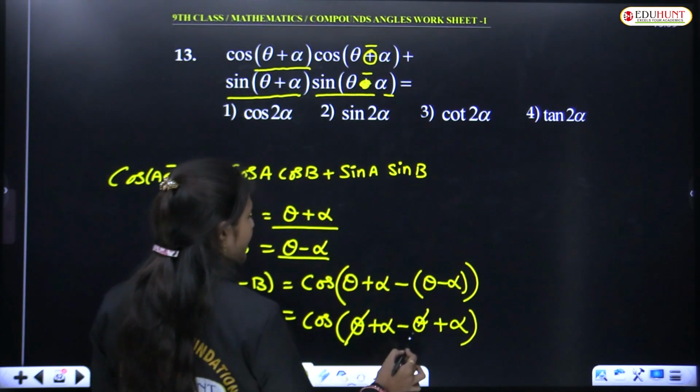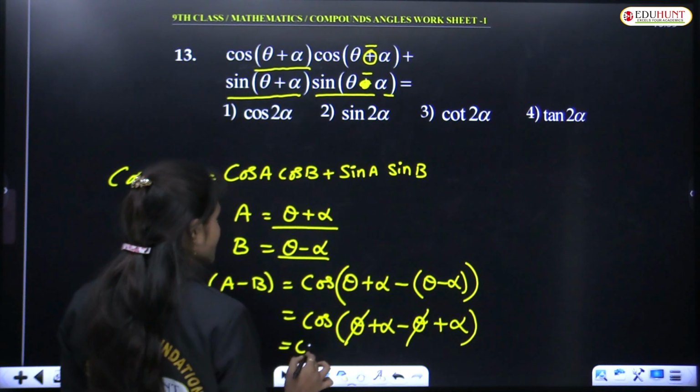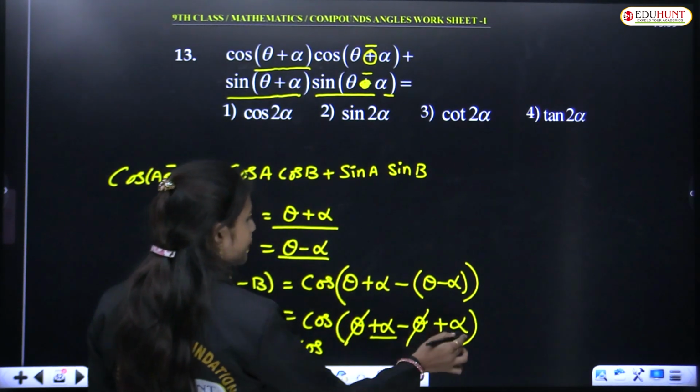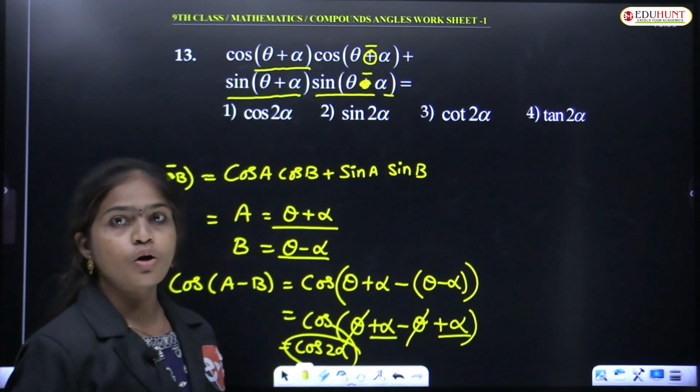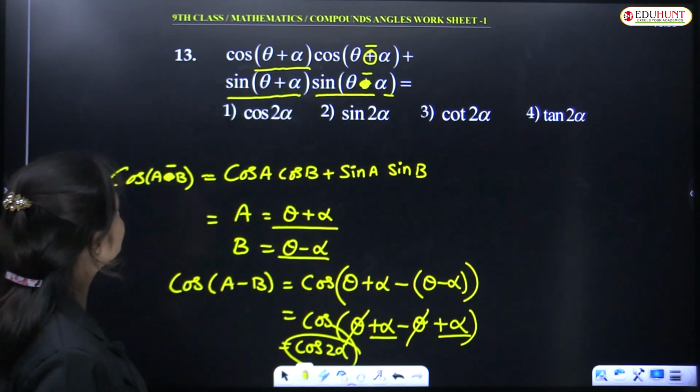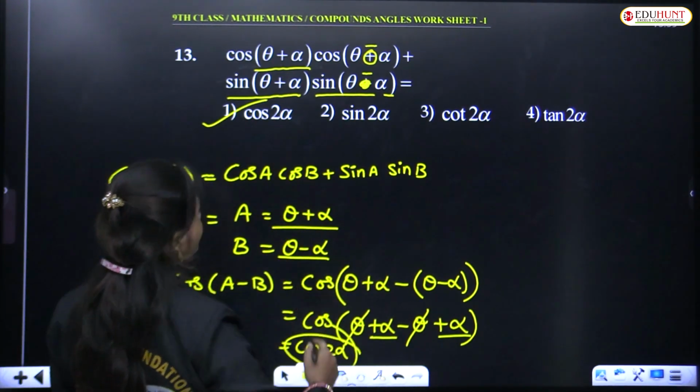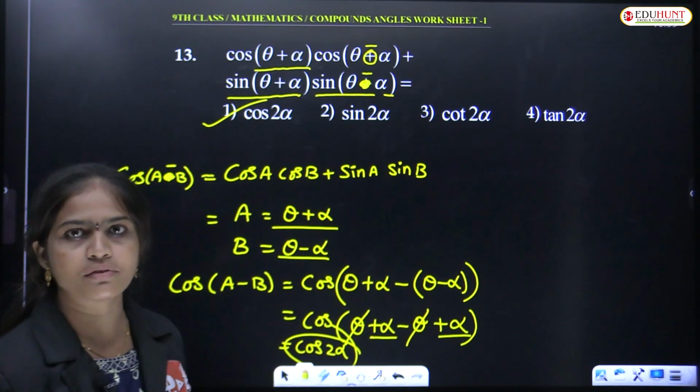So plus theta minus theta gets cancelled. Which is equal to cos of alpha plus alpha, that is 2 alpha. What is the answer? Cos of 2 alpha. So which option is correct? Yes, the first option is correct, that is cos of 2 alpha.